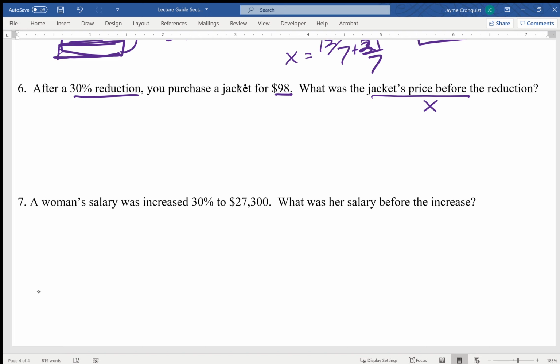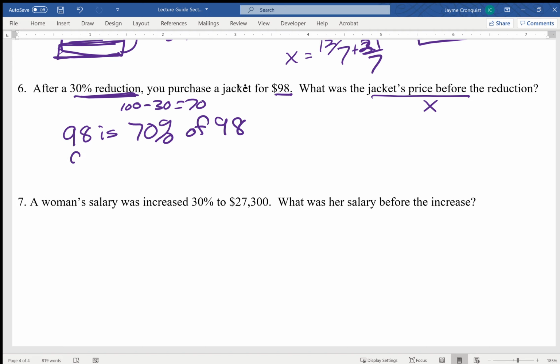So what I'm saying is $98 is, the easiest way to do this is to say 70% of, because we've been doing these. Now the reason I know it's 70 is because it's a reduction, so it's 100% minus 30%, which is 70%. Okay, so with the reduction, you're actually paying 70% of the price.